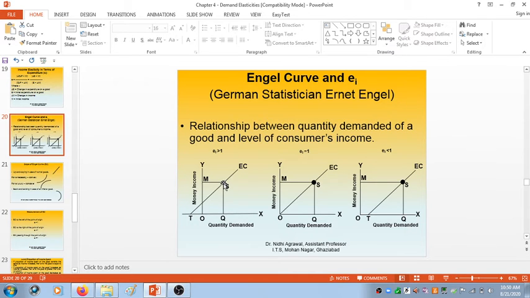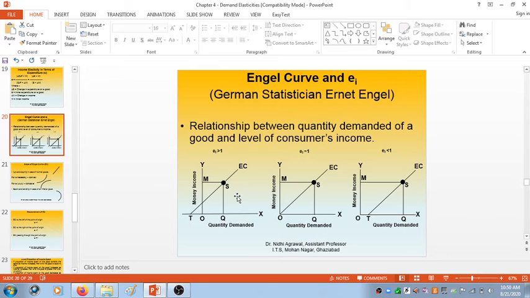So at point S, the value of Q is OQ, right? Basically there are four values in our formula: delta Q, delta M, Q and M. At point S, the original quantity demanded Q is equal to OQ. At the same level, the value of income is OM. It means according to the formula, the value of M is OM.